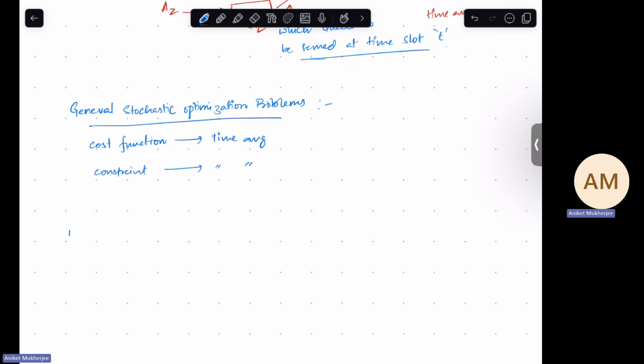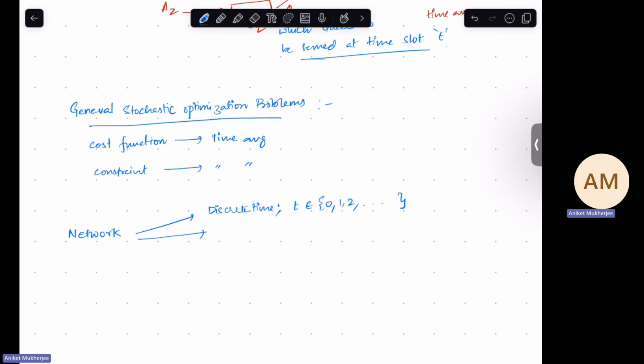So in the general setting, we'll have a network which functions in discrete time. So you'll have time instances 0, 1, 2, and so on. At each time instant, something will happen in the system.